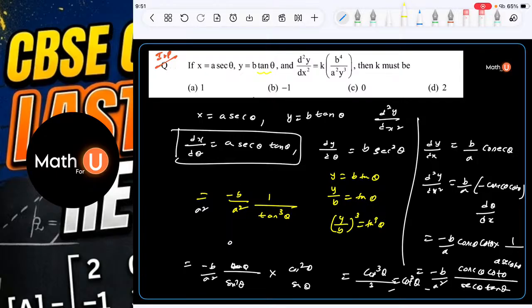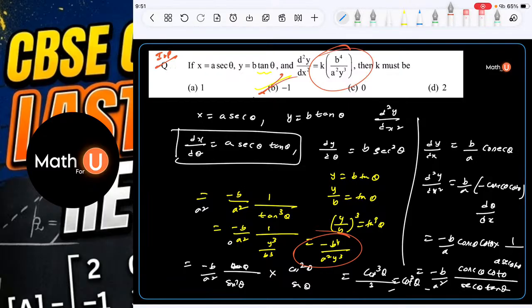Take cube on both sides, we get like this. That means minus b by a square, 1 by tan cube theta. In place of tan cube theta, replace y cube by b cube. We get minus b power of 4 by a square y cube. Then what is k? K is nothing but minus 1. Compare this and this, we get k value minus 1.